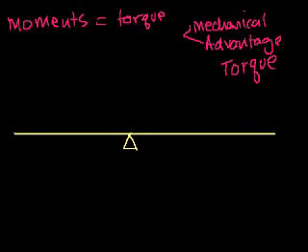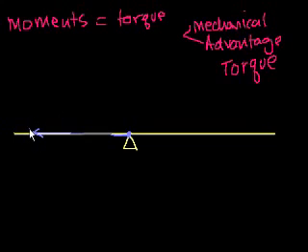And let's say that I were to apply some force here, and the forces that we care about, and this was the exact same case with torque because they're essentially the same thing, are the forces that are perpendicular to the distance from our axis of rotation, right? So in this case, the distance from our axis of rotation is this. That's our distance from our axis of rotation.